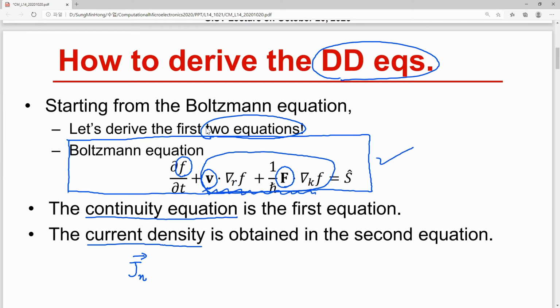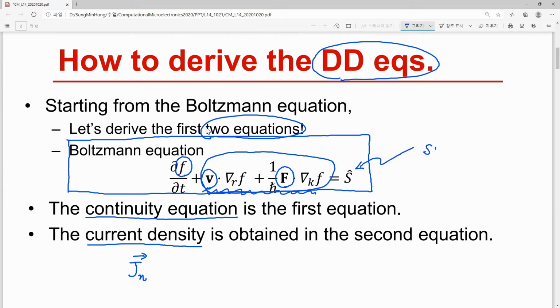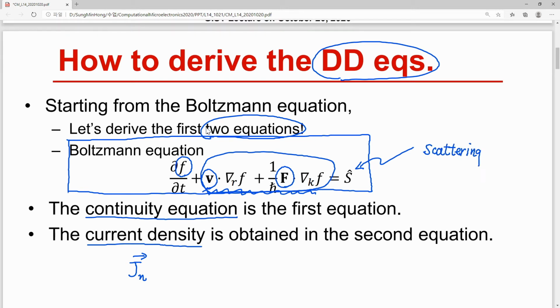And here we have another term called scattering. This scattering means some unexpected behavior of our electrons, which is out of the Newtonian motion. So interaction between electron and electron, or interaction of our electrons with the external environment, can be merged into these scattering terms.